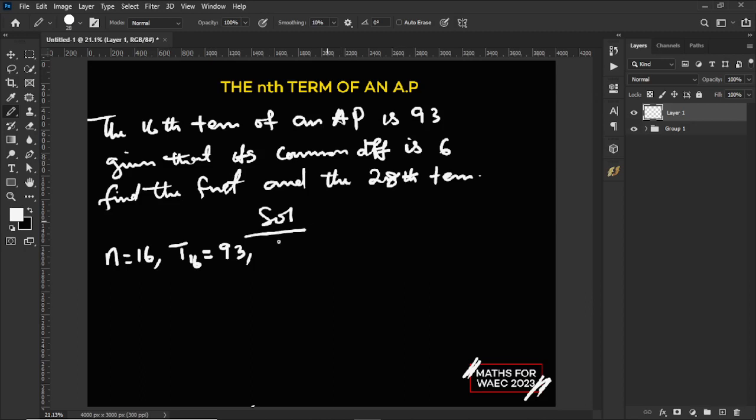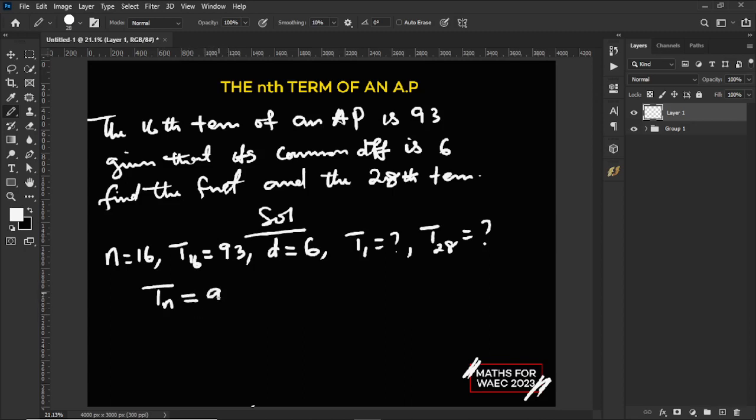Then the common difference is what? 6, Abby? Yes. All right. So we are now asked to find the first term and the 28th term. So how do we do that? The first thing you want to do after writing all of this is to say your Tn for an AP, since the question already told you that it's an AP.